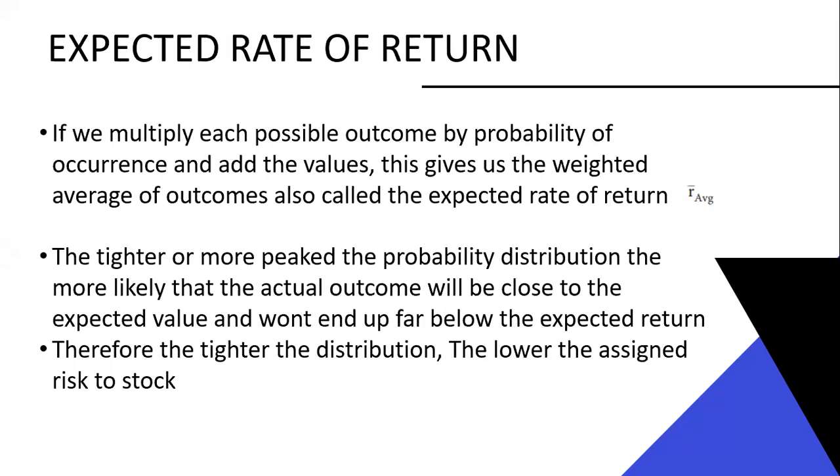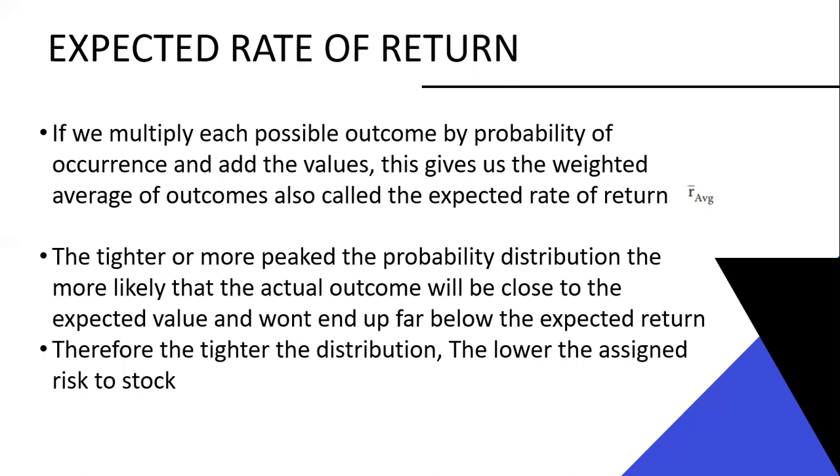Next, I'm going to talk to you about the expected rate of return. In the last situation, I gave you an idea of what a probability distribution is: every single possible event happening and assigning a probability to it.